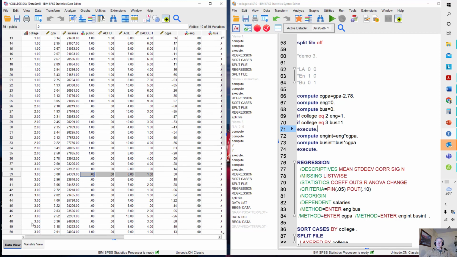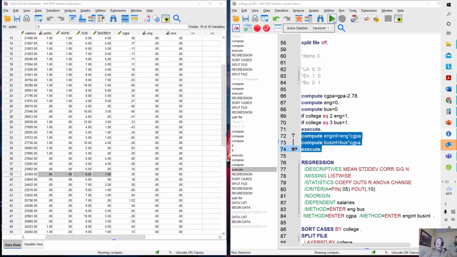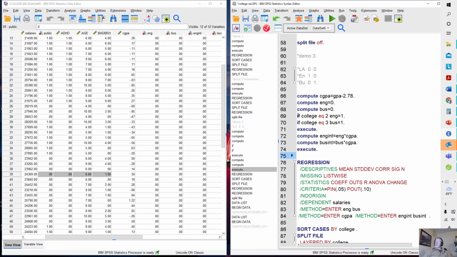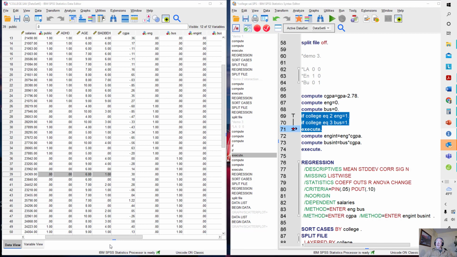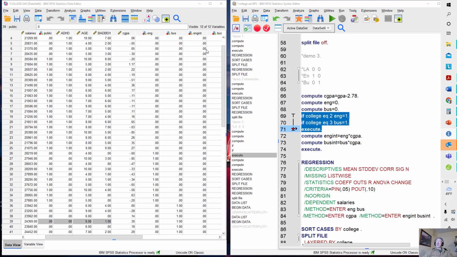And if the business is over here is 3, then I want business over here to equal 1. So I'm going to go ahead and run that. Got ahead of it and missed it. Go ahead and run that. And I have 1s and 1s where I wanted.